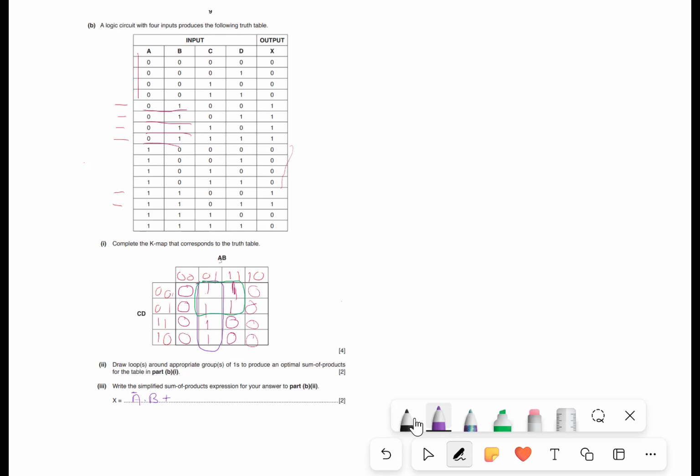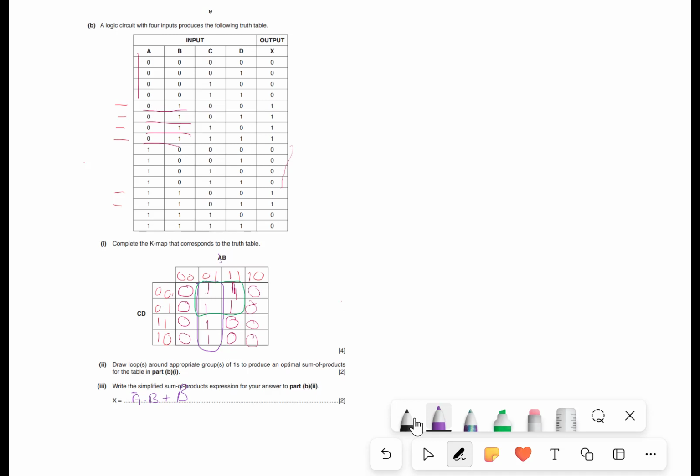So therefore A is out of my equation. B is a 1, and C is a 1, and it's a 1, 1, 1, 1. So B is definitely part of my equation here.